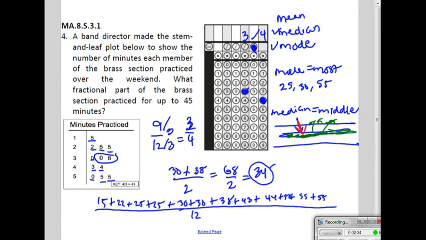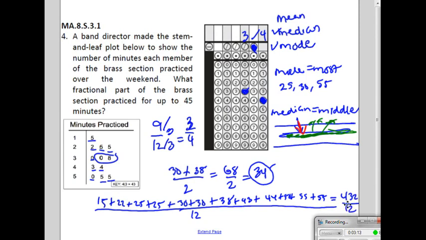So when you add that together, 15 plus 22 plus 25 plus 25 plus 30 plus 30 plus 38 plus 43 plus 44 plus, I'm sorry, that's 50, plus 55 plus 55, you should get 432, and you can check it for yourself in the calculator.